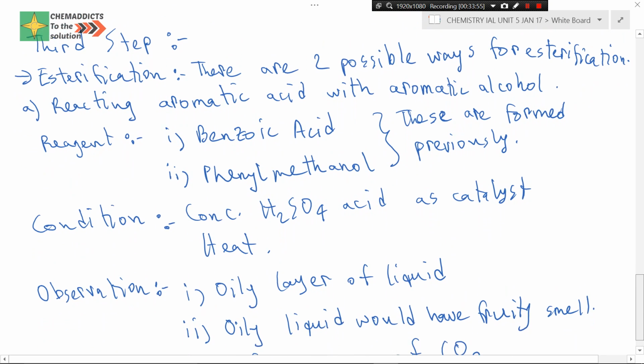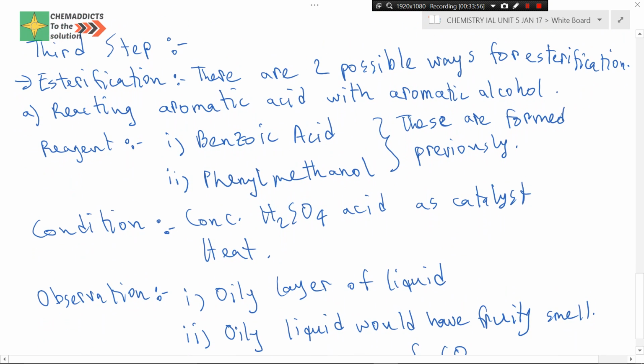In the third step we have carried out esterification. There are two possible ways for esterification, and here we have discussed only the first possible way. Since this video would be longer, we're going to talk about the second way in the next video. The first way is reacting aromatic acid with aromatic alcohol.